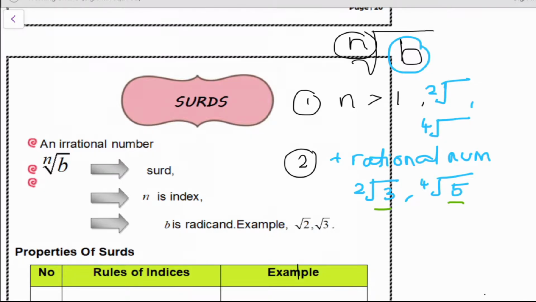So the last condition that must be satisfied is that the result of the surd must give you an irrational number.